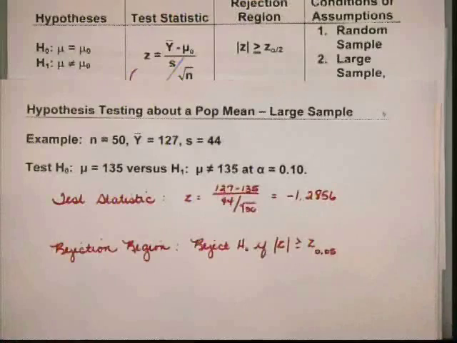So you go to the z table, go to the probability column, look for a value as close to 0.05 as you can, and find the corresponding z-score.